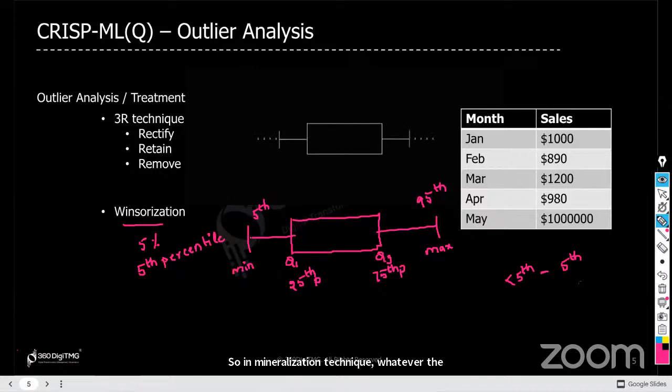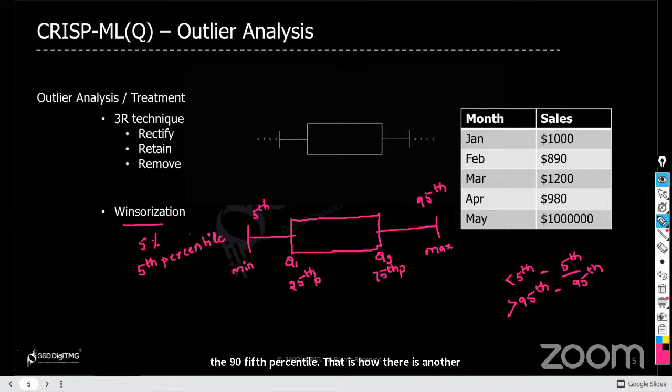In the box plot, whatever values are less than the 5th percentile will be replaced with the 5th percentile, and whatever values are above the 95th percentile will be replaced with the 95th percentile. That is another way of treating the outliers, called Winsorization.